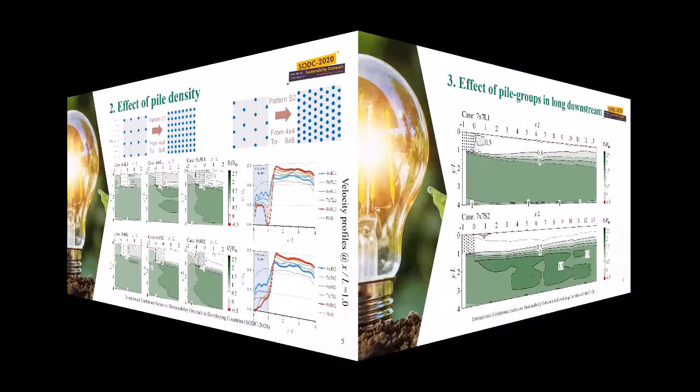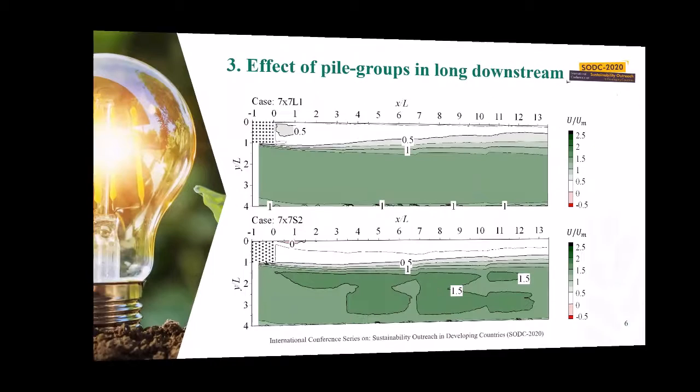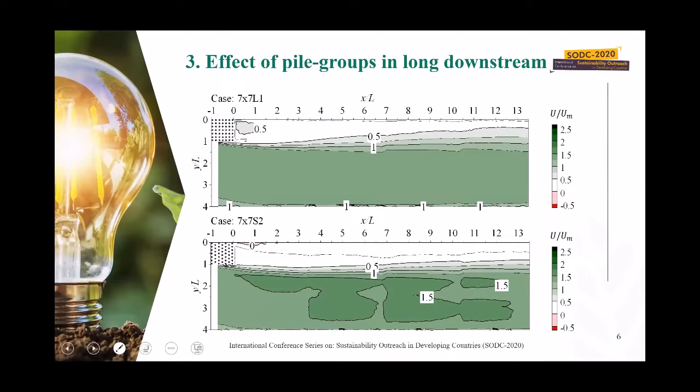To study the effects of pile groups over a long downstream distance, it is also important to understand how far downstream of the structure the pile group has an effect. We studied up to 14 times the length of the pile group, which is an extensively long downstream distance, for type L1 and type S2.